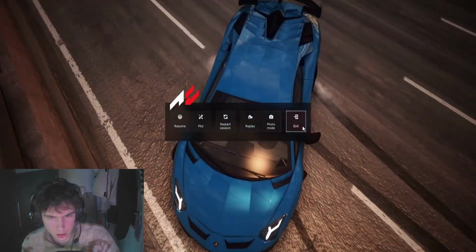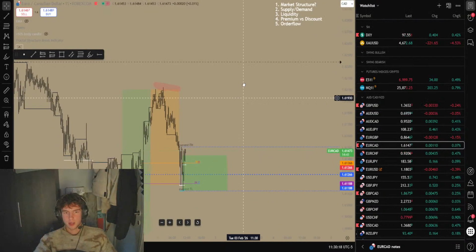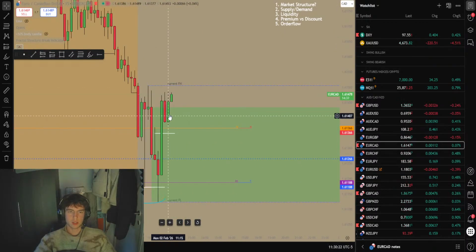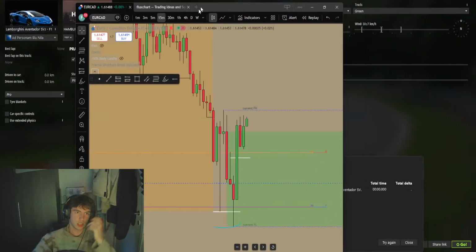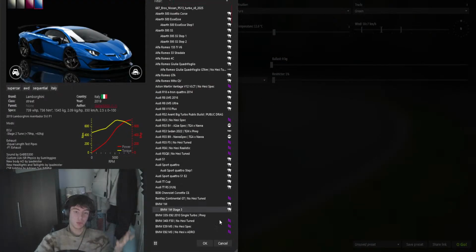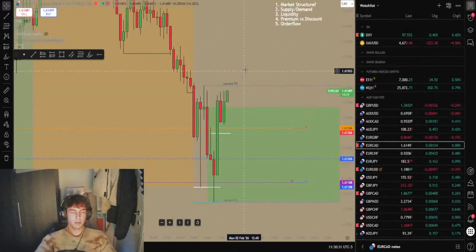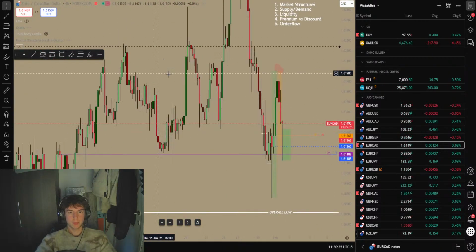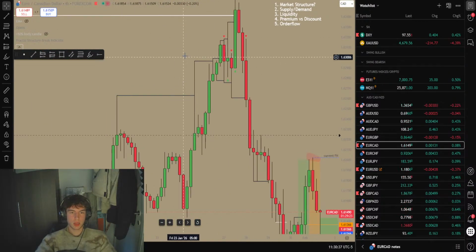Let me look at the description. Let's look at Eurocat. Yeah, that's a quite nice reaction you want out of a change in the state of delivery zone. That's why people use rejection blocks. You've seen people use rejection blocks, right? If you get a liquidity sweep, that gives a quite large candle.